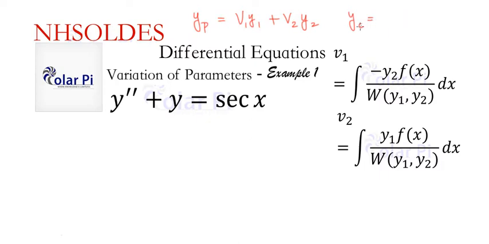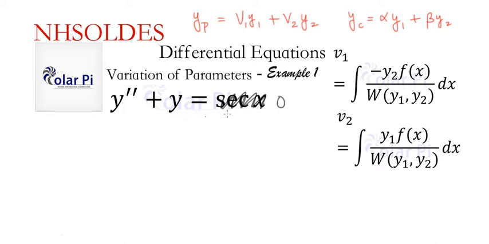Let's say the complementary solution is written as yc, then yc is alpha y1 plus beta y2. And you should recall that the complementary solutions solve the homogeneous equation, right? So if this equation, instead of equaling sec x, equaled 0 on the right side, then it would be the homogeneous equation.